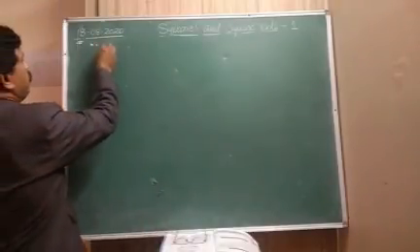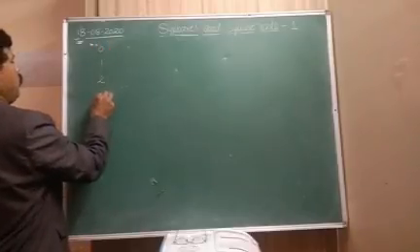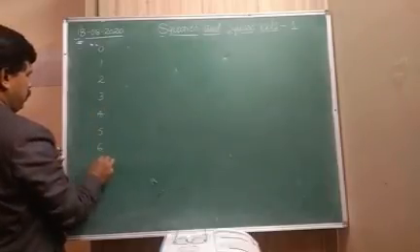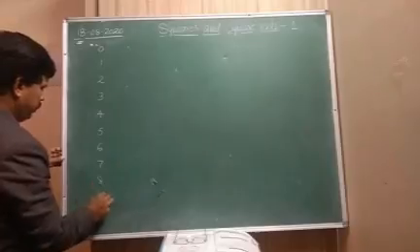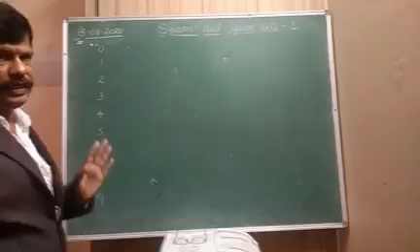Look at this: 0, 1, 2, 3, 4, 5, 6, 7, 8, 9. So 0 to 9 digits are there.